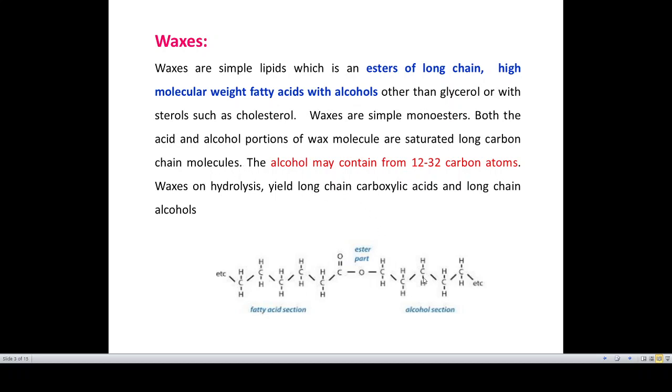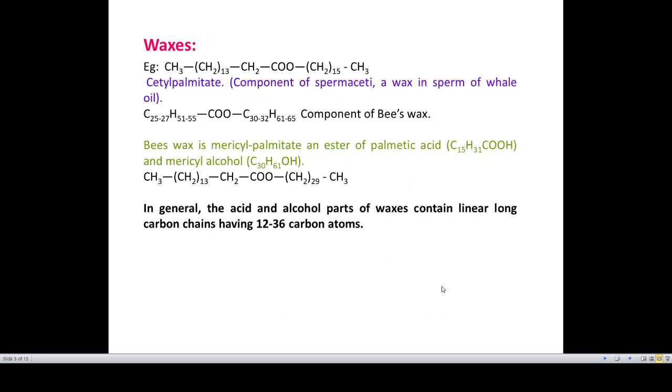The number of carbon atoms in the alcohol can vary anything between 12 to 32, unlike the glycerol moiety in soaps, which had just 3 carbon atoms. And upon hydrolysis, these waxes will give a long chain carboxylic acid and long chain alcohols.